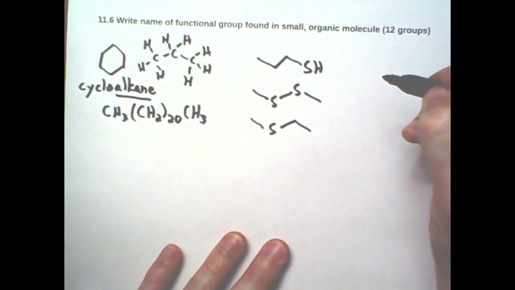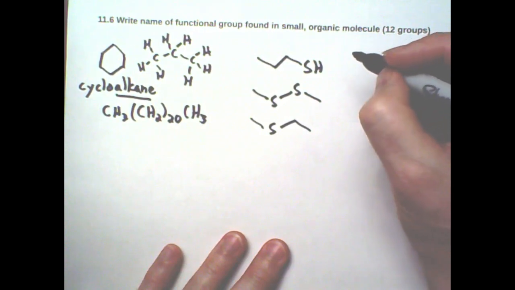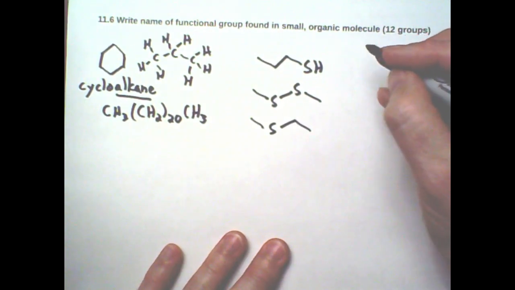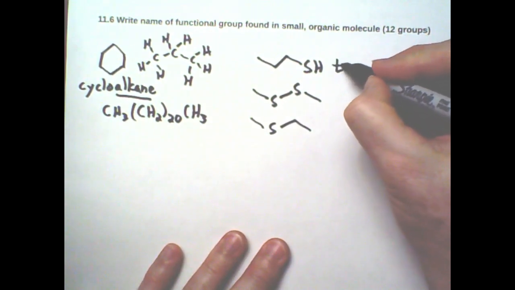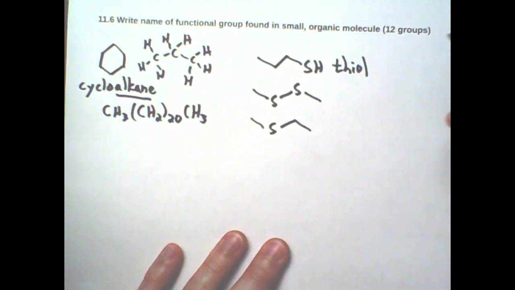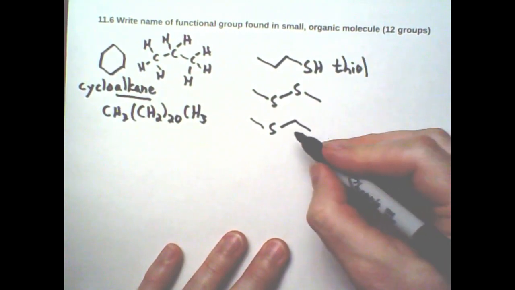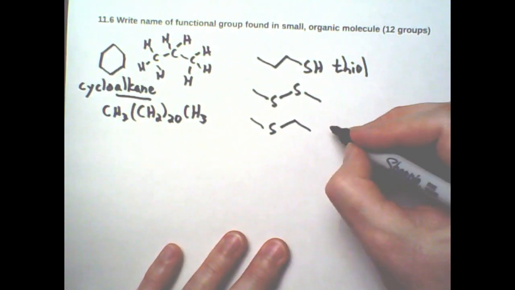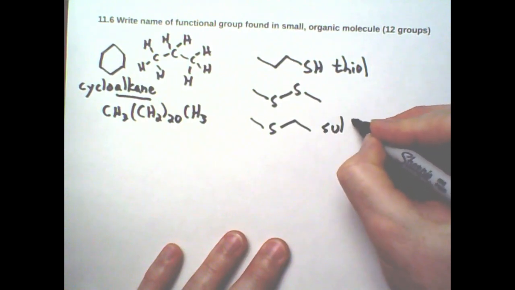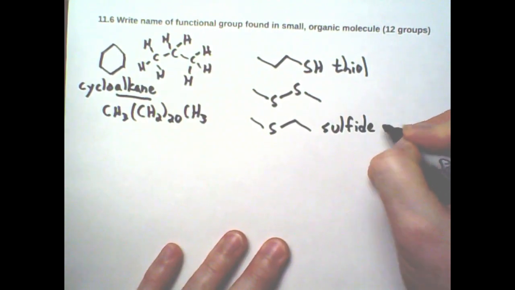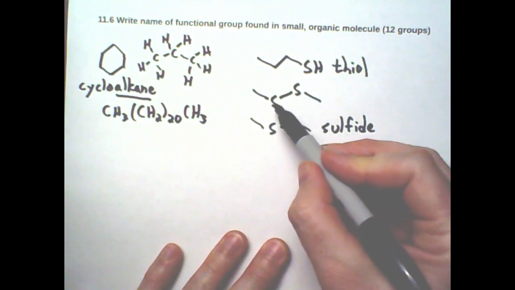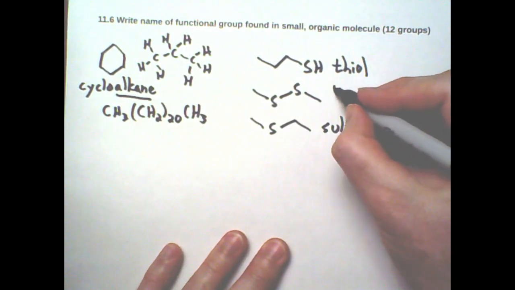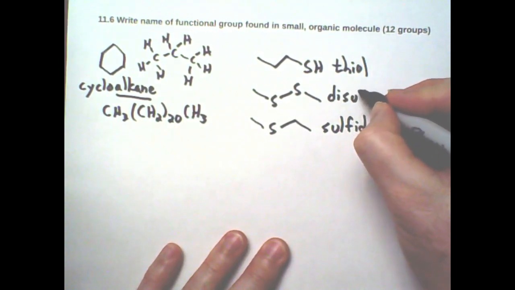They react with molecules in quite different ways, and so they each have a different name as a functional group. This one looks like an alcohol, so it's called a thiol. This one down here is a sulfide, and this is more common in biochemistry and proteins, a disulfide.